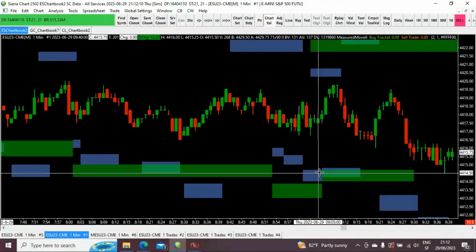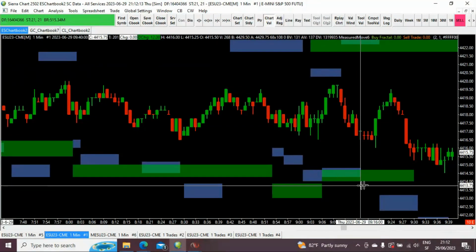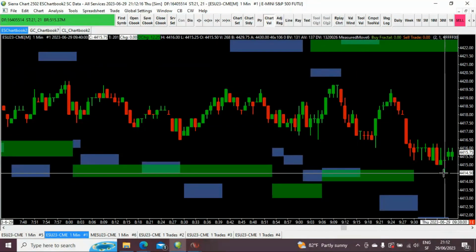It started printing about 9:05, 9:06, and price didn't stop there until about half an hour later. And this is one of the key points about the measured move, in that it prints well ahead of time of where it expects price to go.